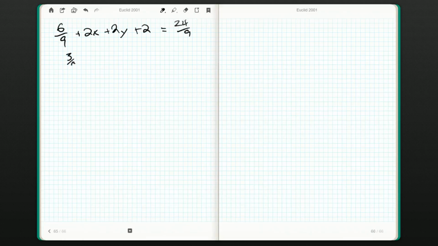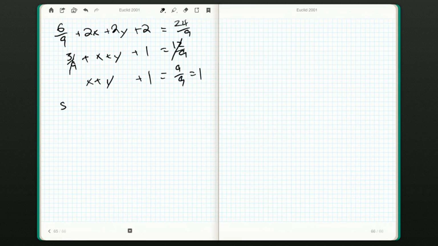Divide everything by 2, so we get 3/9 plus x plus y plus 1 is equal to 12 over 9. Those two will cancel out and give me 9 over 9, which is just 1. So x plus y is equal to 0, I think.